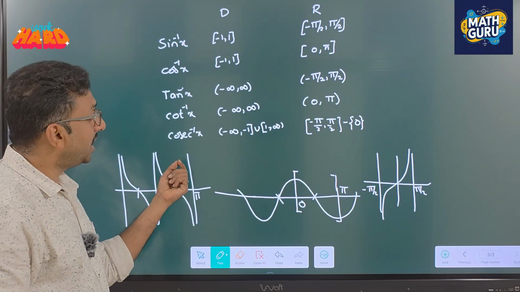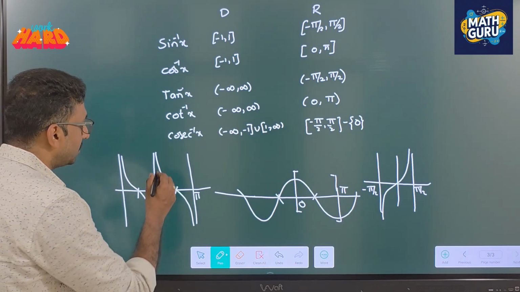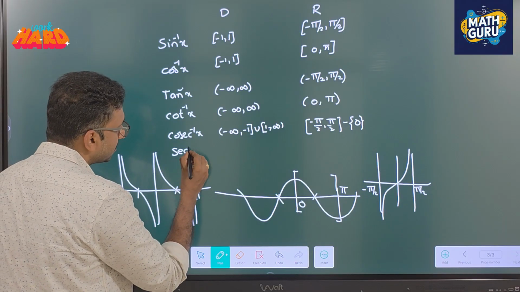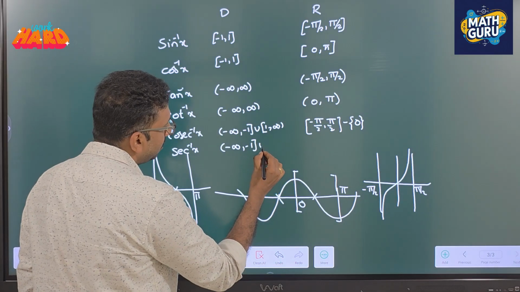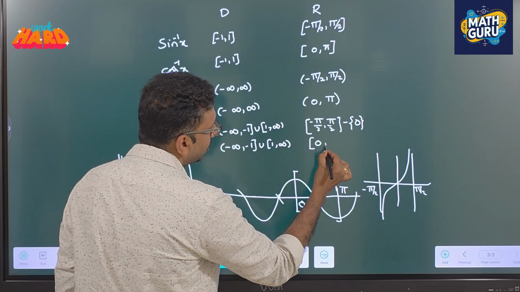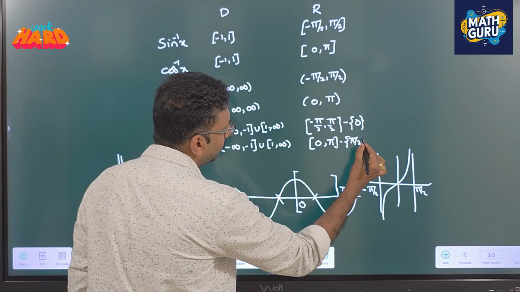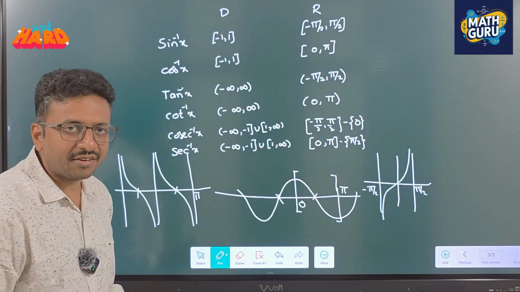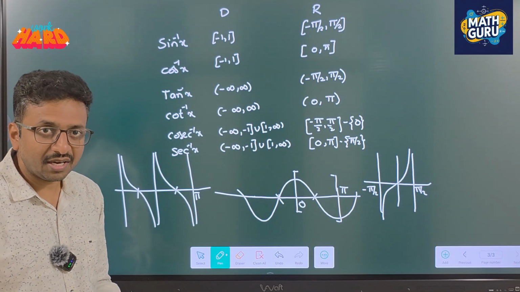So cosecant inverse cannot give you 0 as the answer. Similarly, secant inverse x is defined from minus infinity to minus 1 union 1 to infinity, to closed 0 to pi except pi by 2. So these are the domains and ranges on which the inverse trigonometric functions are defined.